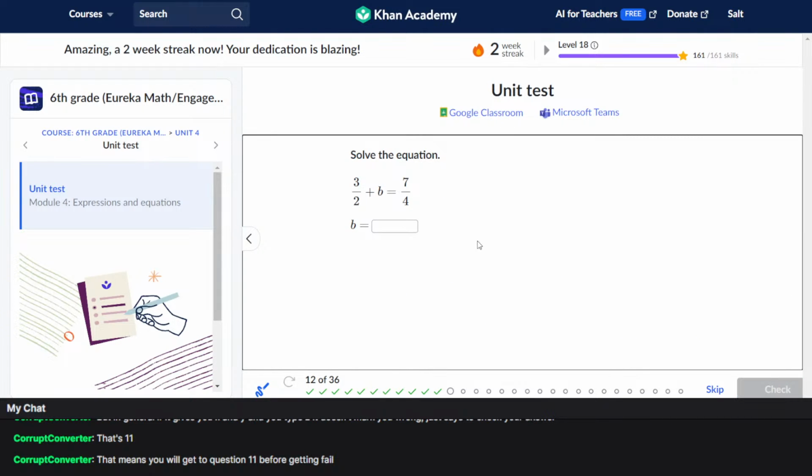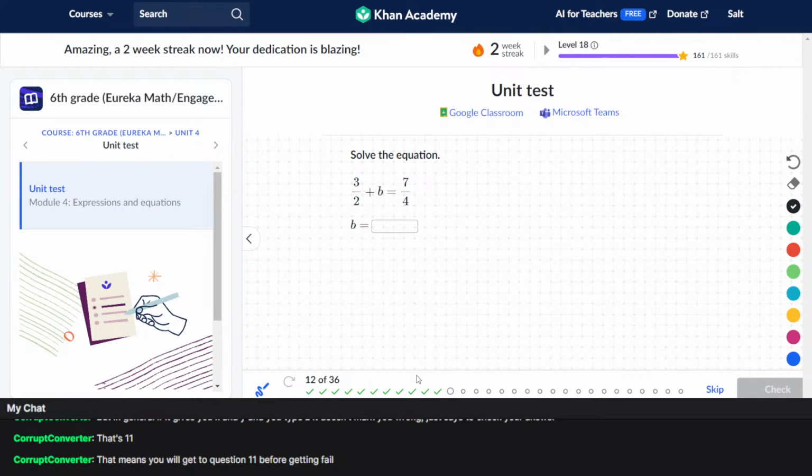Hey, I got past question 11. So B equals -4.6. So 1/4.